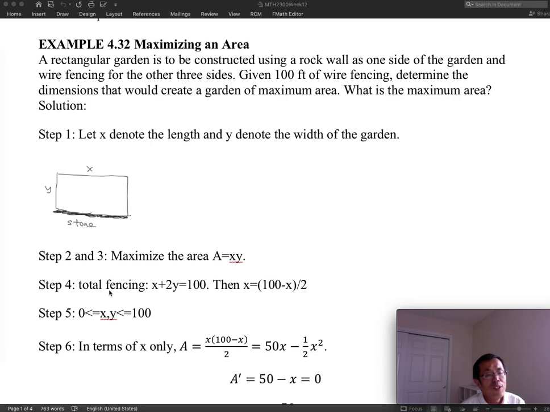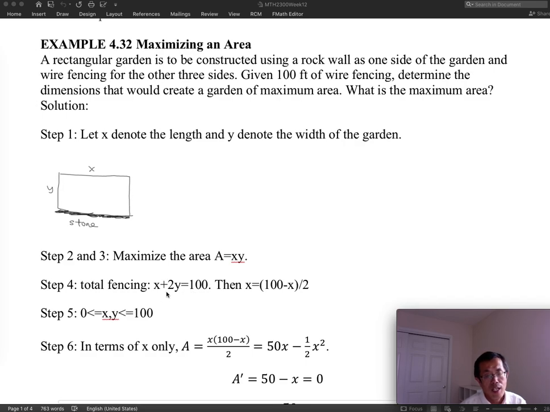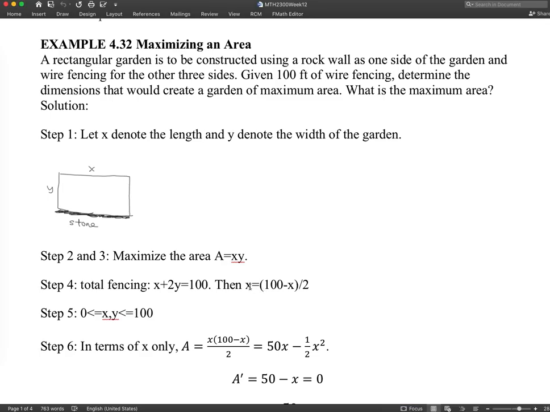So according to the constraint, as I just stated, I know y can be solved from this equation. Sorry, I have to make this correction. y can be replaced with x. y is (100 minus x) over 2.